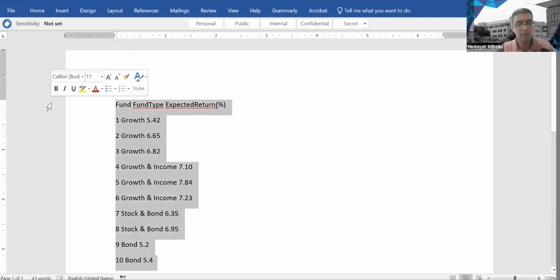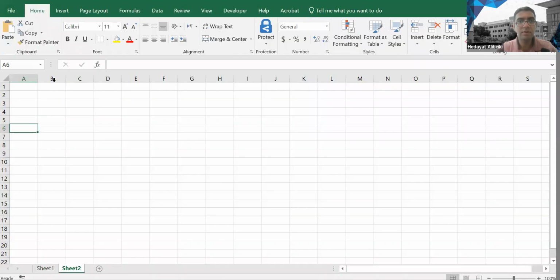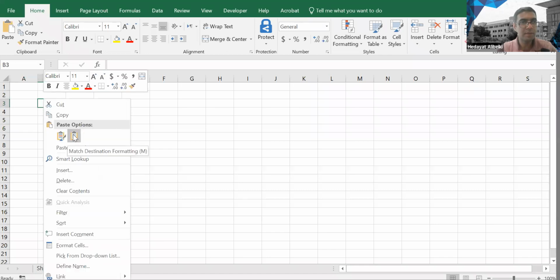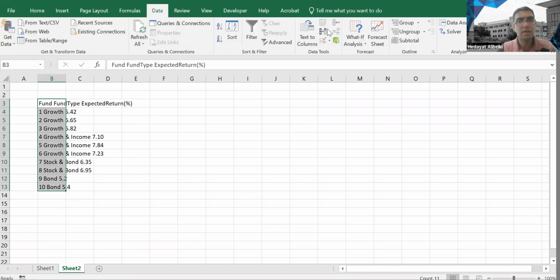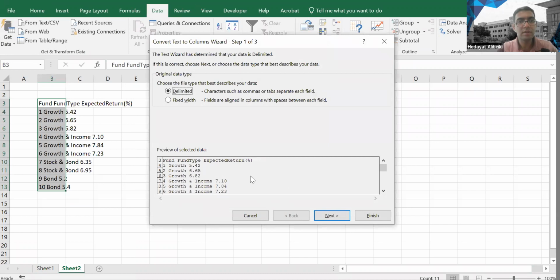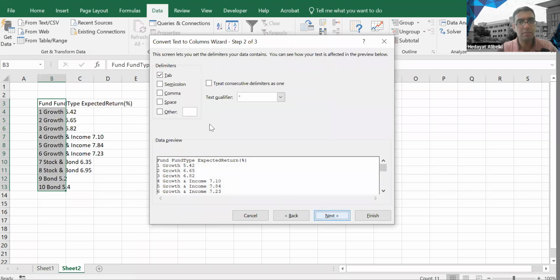Okay, Control C, bring it in here, paste, and now we can convert text to columns, delimited, and then space. Okay, we have the fund types split.